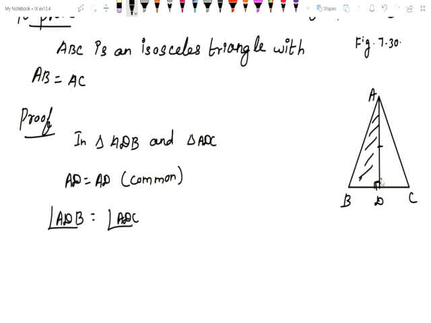This is 90 degree means this is also 90 degree. So, each 90 degree. Next, CD equal to BD. So, this is equal to this because AD is the perpendicular bisector of BC.